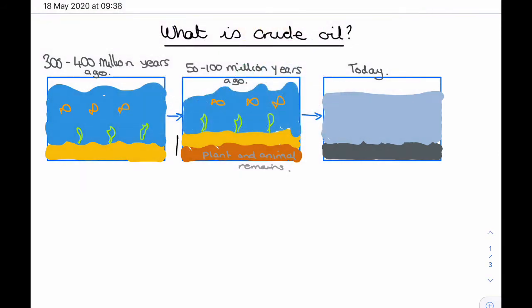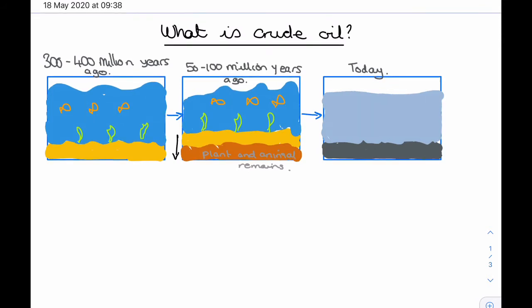That pressure is going to cause the plant and animal remains to compress against each other. That compression over lots of millions of years, because remember it's still between 50 and 100 million years before we can use it, causes this crude oil to be produced.